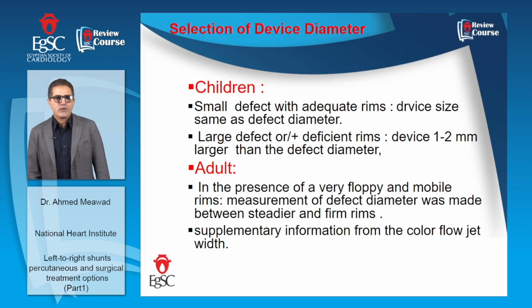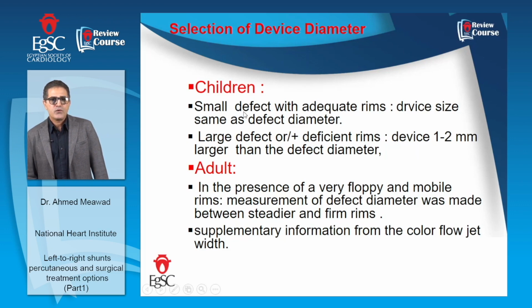If we depend on echocardiography in determining the size of the device, in children we use a device size the same as the defect diameter if the defect is small with adequate rims. If it is large or there are deficient rims, we can use a device 1 to 2 millimeters larger than the defect diameter.